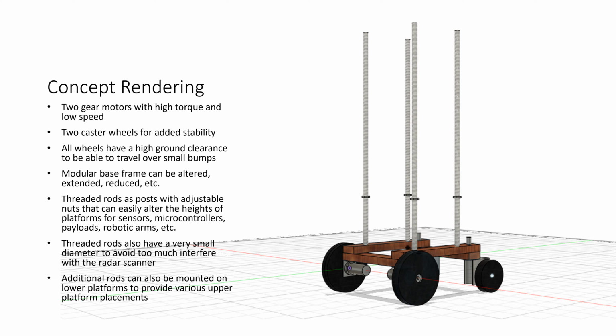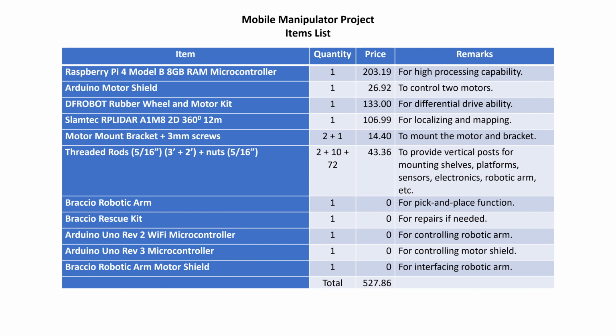This setup you see right now, I will show you the price or cost that I've had thus far in a following slide. So here is my mobile manipulator project items list.